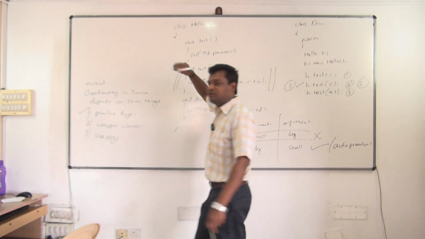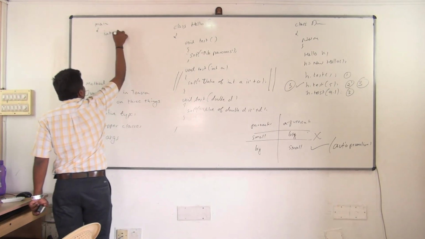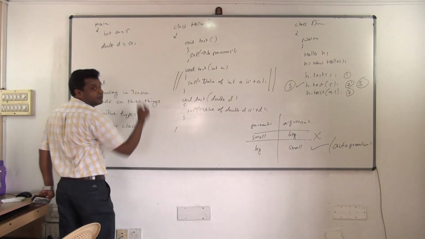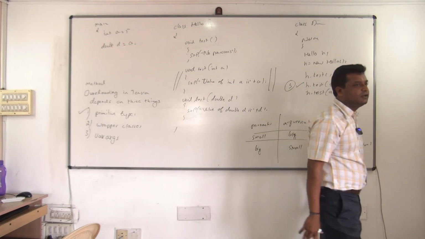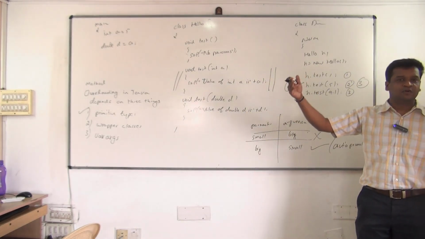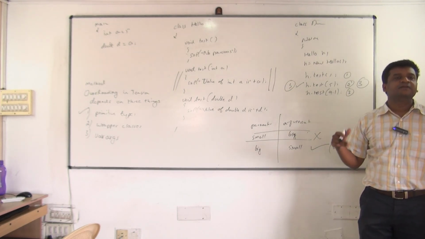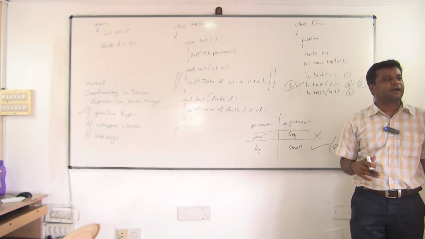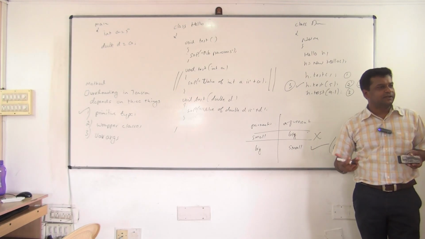Same value, you know now. If you are getting confused, go back to local. In main, int a is equal to 5, double d is equal to a. You know what happens now? Same thing, but there it is in local scope, and you are assigning the value. Here they are in a different scope. We are sending the value as argument and parameter, which is nothing but assigning only, but we call them arguments and parameters.